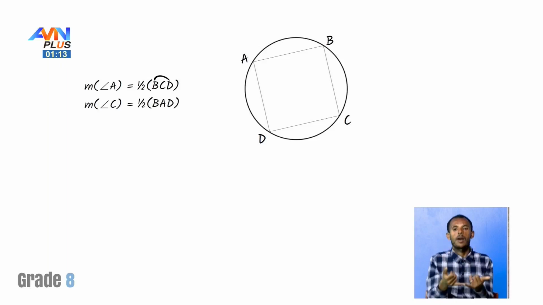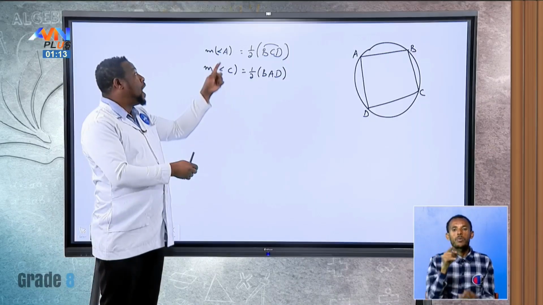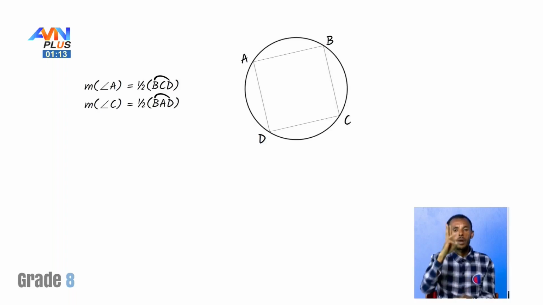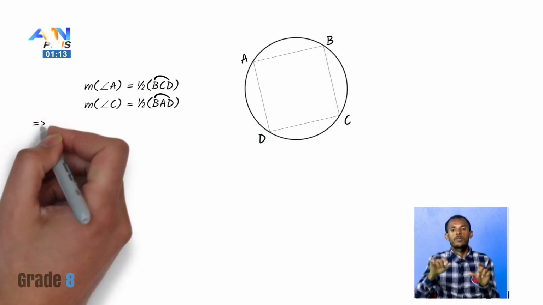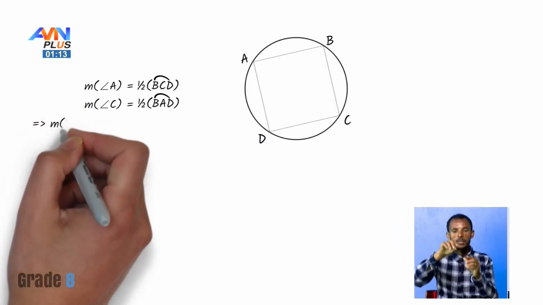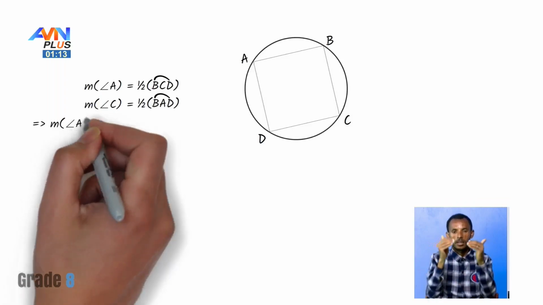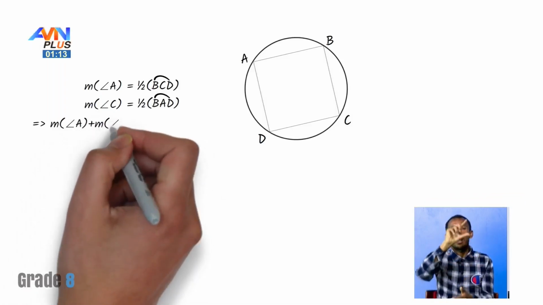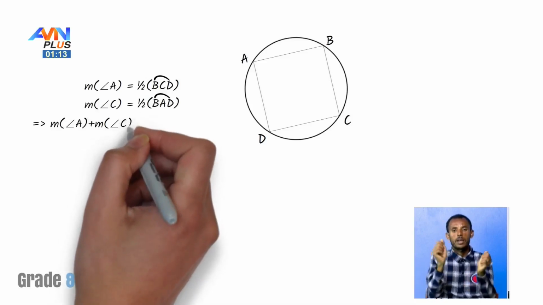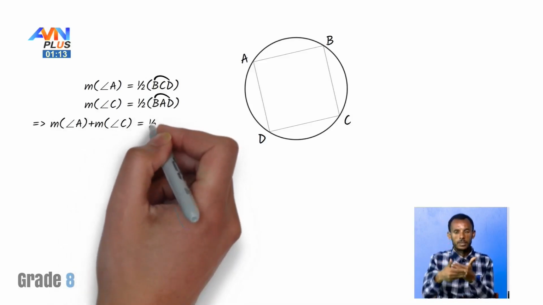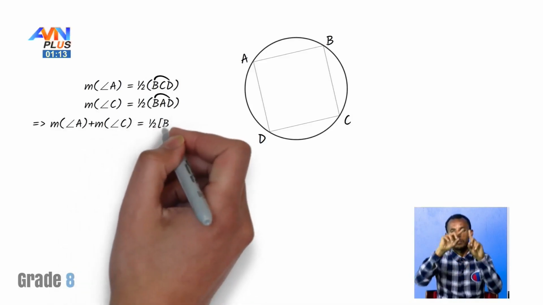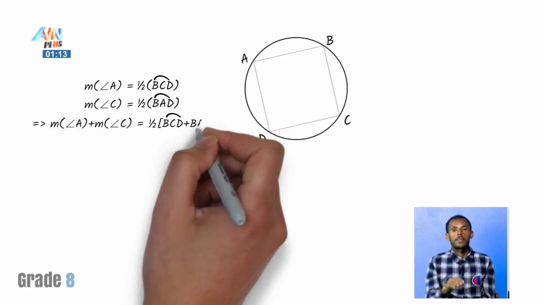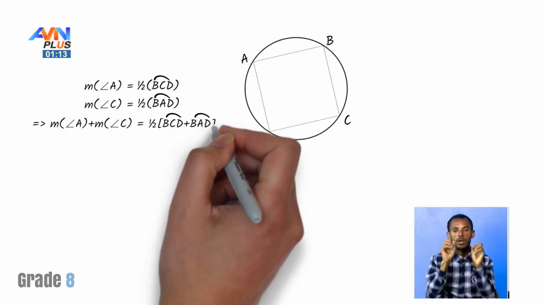Now, if you directly add these 2 angles, you will get measure of angle A plus measure of angle C is equal to half of the sum of these arcs. Half is common, so you can take it out, 1/2. Then inside the bracket, you will have BCD plus BAD, okay?